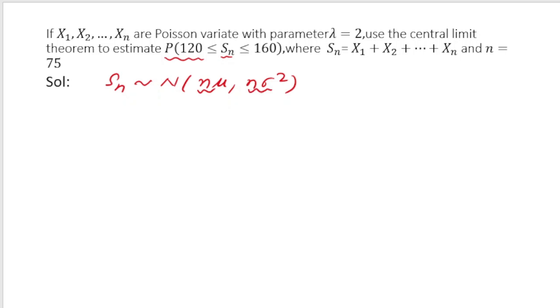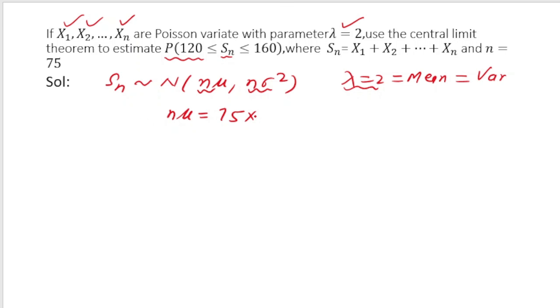So first of all, what is n mu? N is 75, and what is the mean of these variables? This follows a Poisson distribution with mean, that is lambda, equal to 2. So lambda equal to 2 is the mean, and you know for a Poisson distribution the mean and variance are equal. Do you remember this? So the mean will be 2, the variance will also be 2.